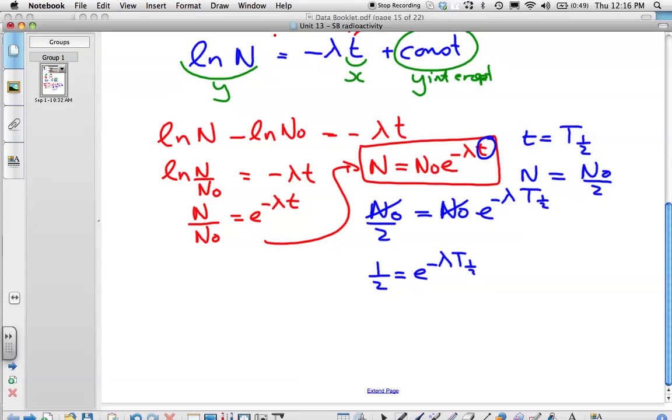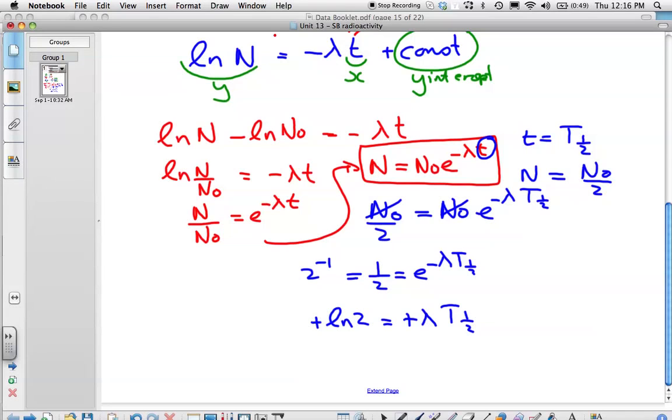I can change this around. I can write this as 2 to the minus 1. I can go from my exponential form into my log form, and that will be minus ln of 2 is equal to minus lambda t to the half. So we've got a minus and minus, we can make those both plus by multiplying through by a negative.